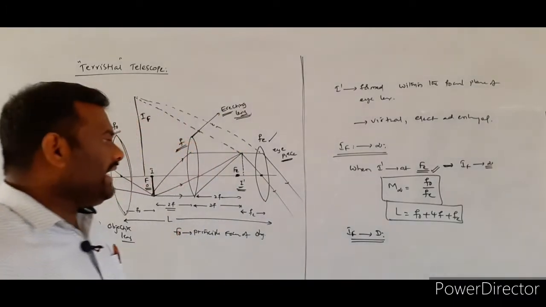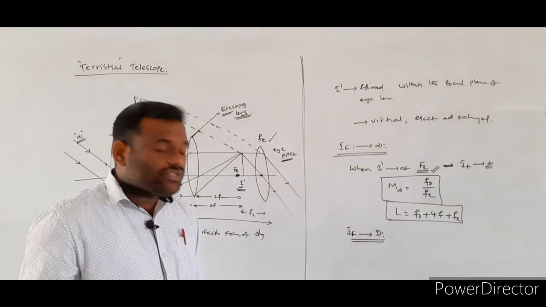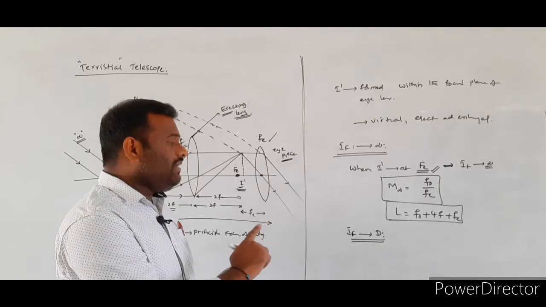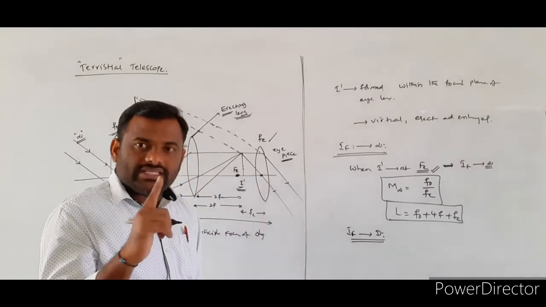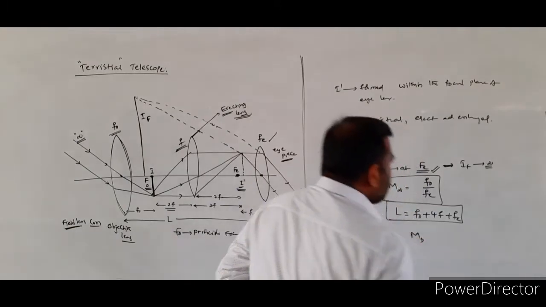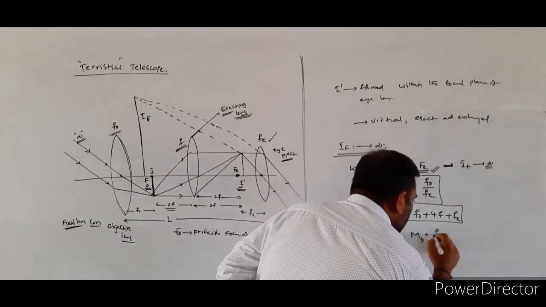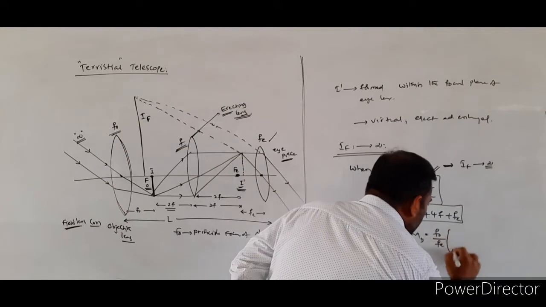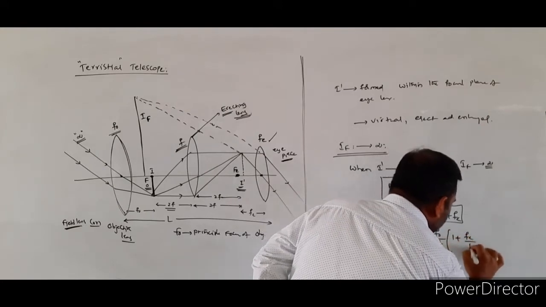That distance is indicated with a capital D. In this case the magnifying power is equal to f naught by fe into 1 plus fe by D.